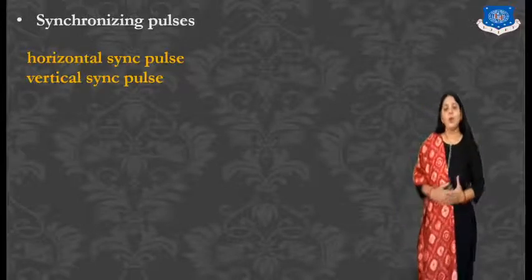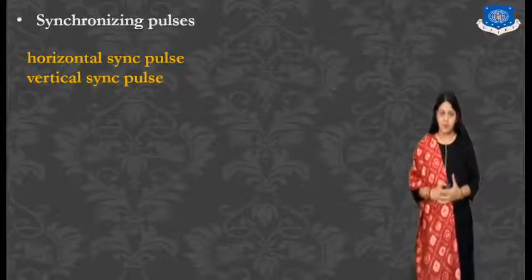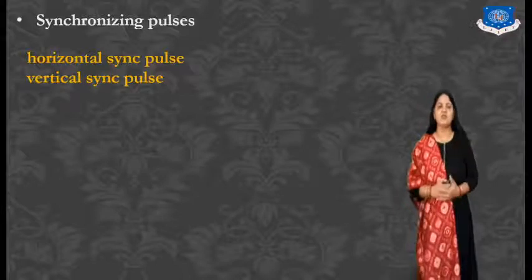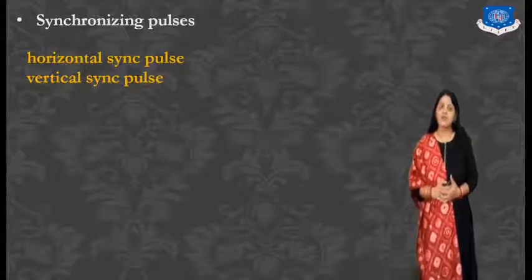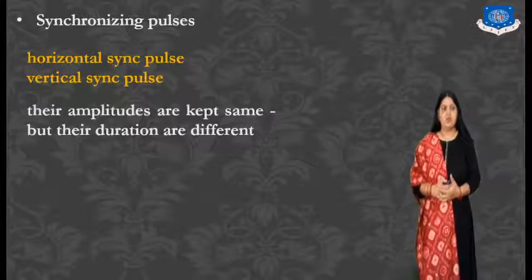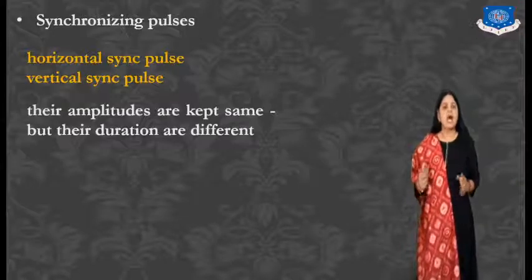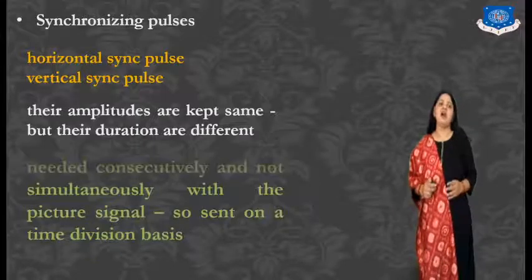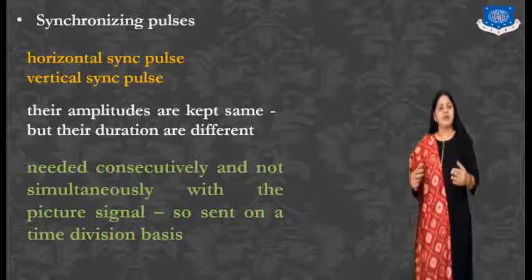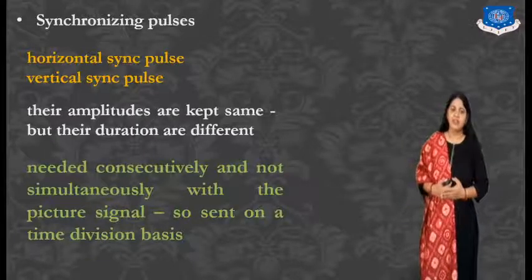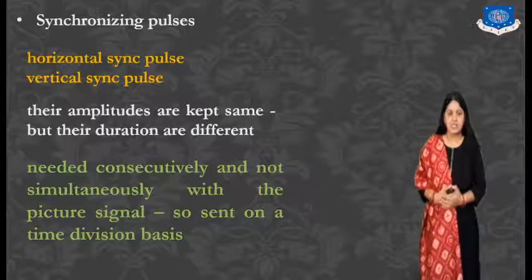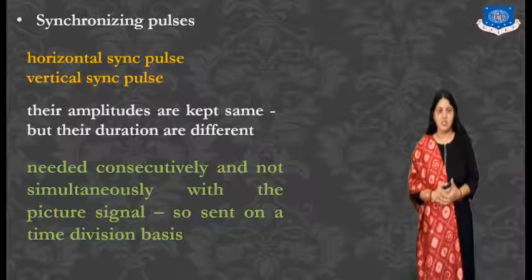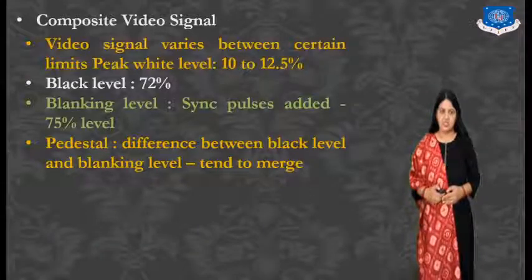The synchronizing pulses are of two types: the horizontal sync pulse and the vertical sync pulse. Their amplitudes are kept the same, but their durations are different. They are sent consecutively and not simultaneously with the picture signal, so they are sent on a time division basis.